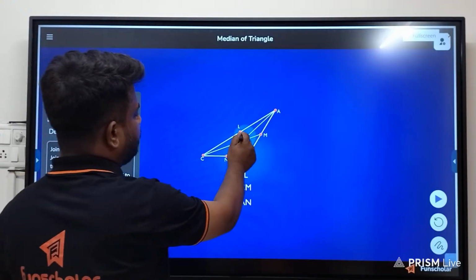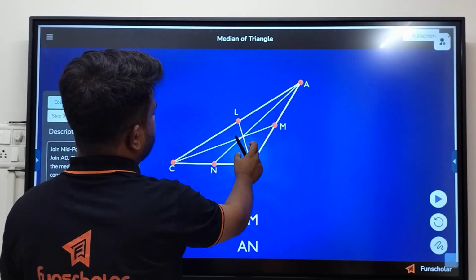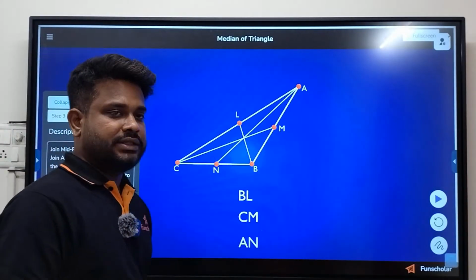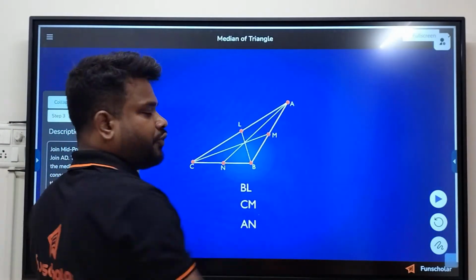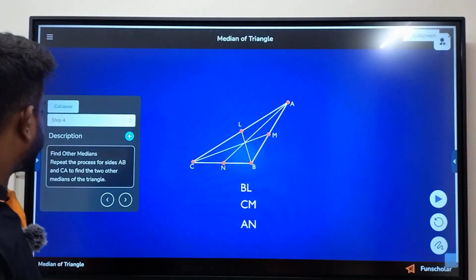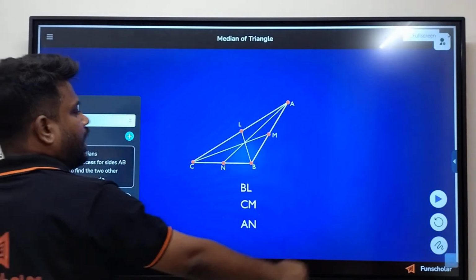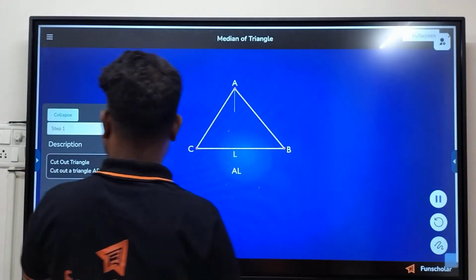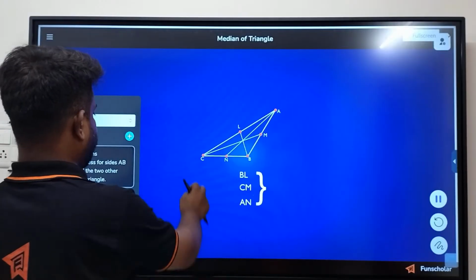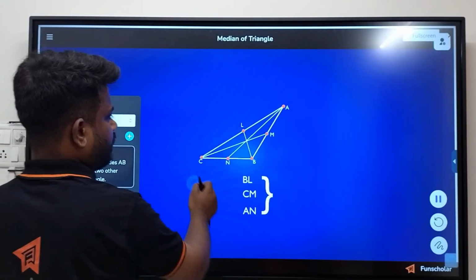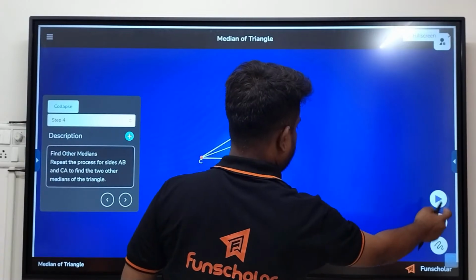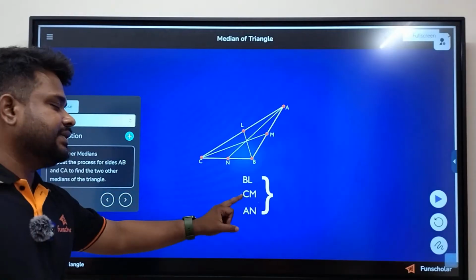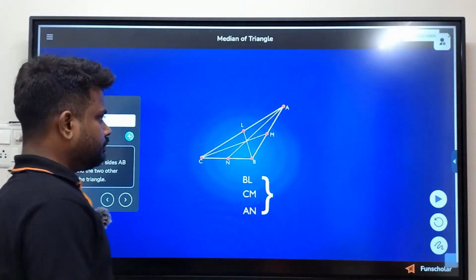So these are all the medians of this triangle, and similarly the point where all the medians intersect will be called the centroid, right? And all the medians will be BL, CF and AN, right?